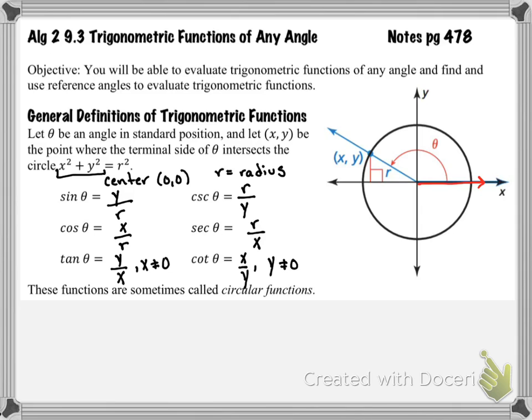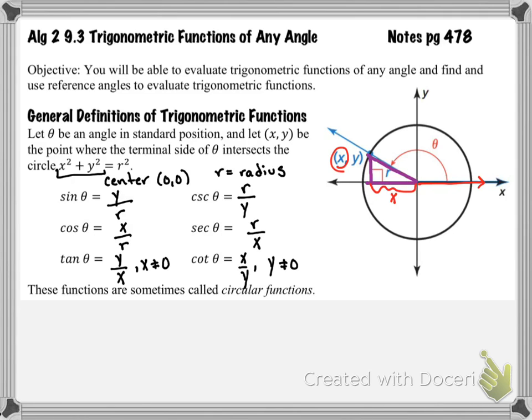And where these come from, it's not magic. It actually comes from this right triangle. Actually, let's give that a different color. It's created from this right triangle here, because this x coordinate corresponds to that side right there.